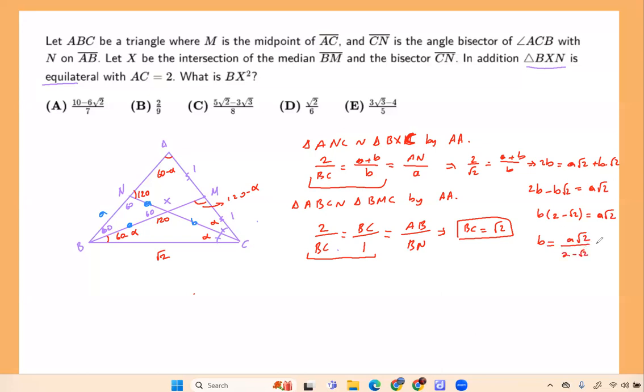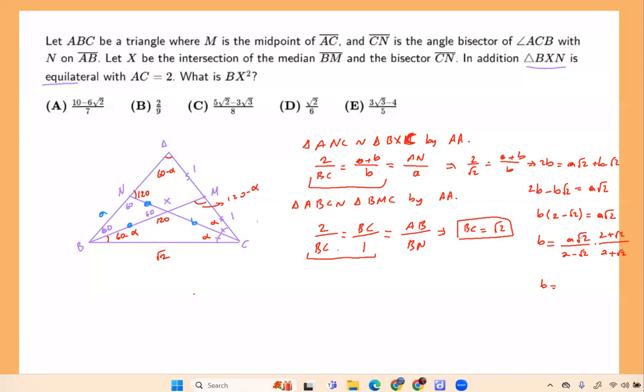You may leave it that way, but maybe it's better to simplify a bit, so multiply this by its conjugate, 2 plus root 2 over 2 plus root 2. So the denominator, you get the difference of squares, so 4 minus 2, which is 2.